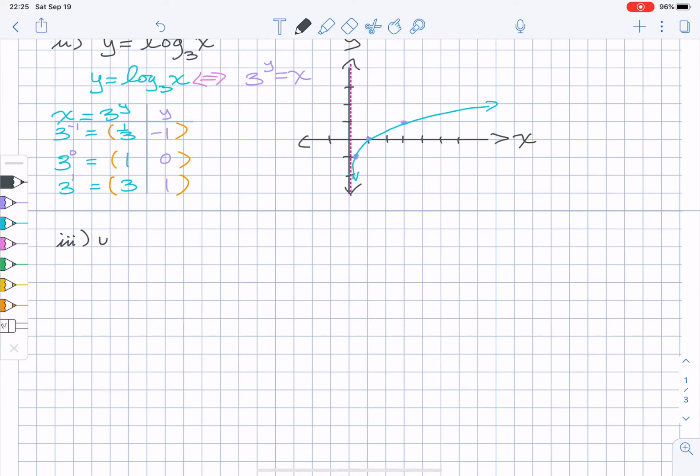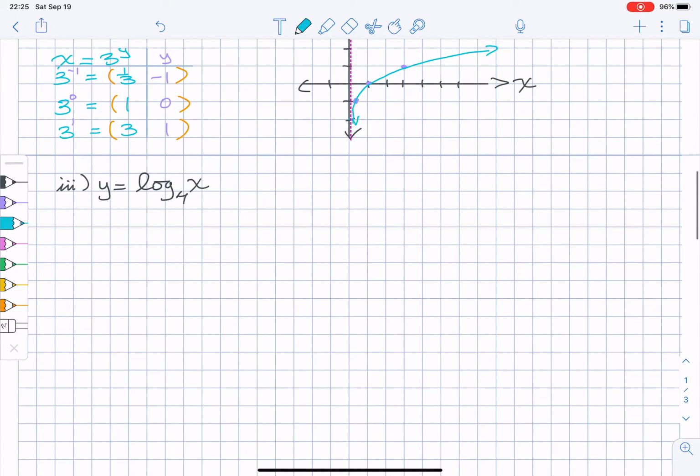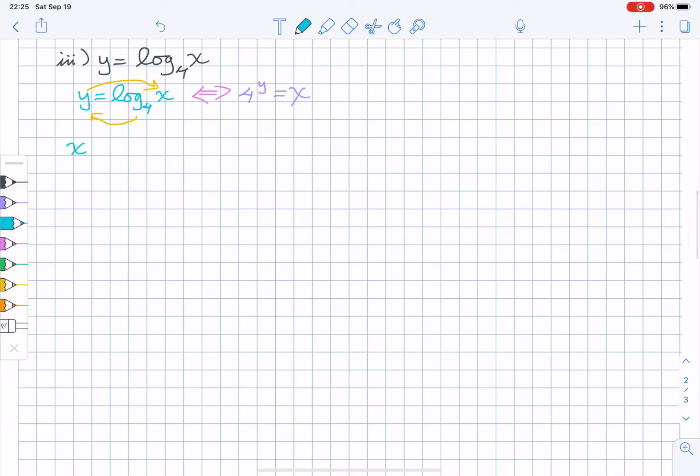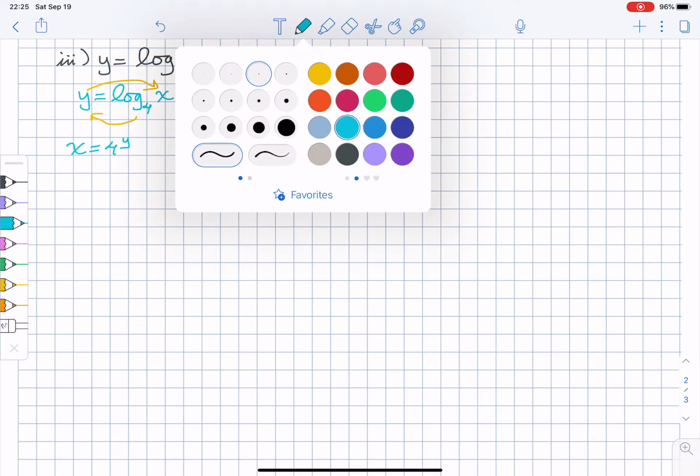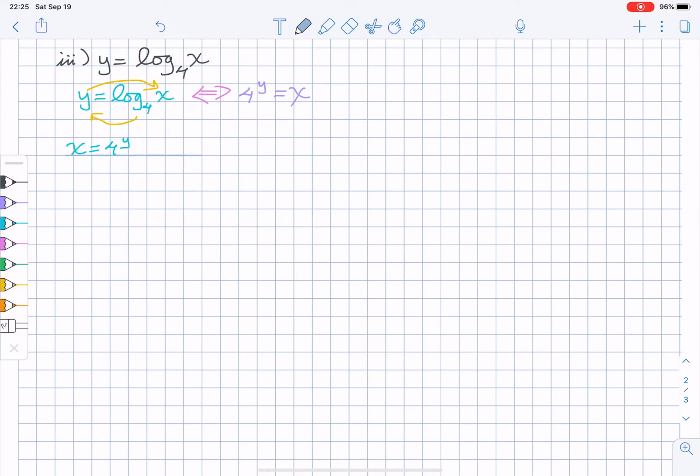Let's do y is equal to log base 4 of x, which we know to be equivalent to 4 raised to the y is equal to x. So doing an x versus y chart, where x is equal to 4 to the y, let's have y be -1, 0, and 1.